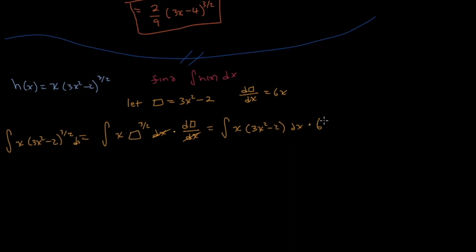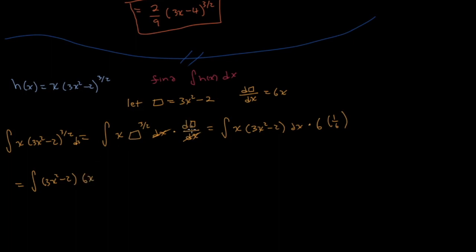But of course, this expression does not equal this expression here. So what we're going to do is multiply by 1 over 6. And so another way to look at it is this. If we simplified it, we would have 3x squared minus 2 times 6x. That's what we wanted, right?